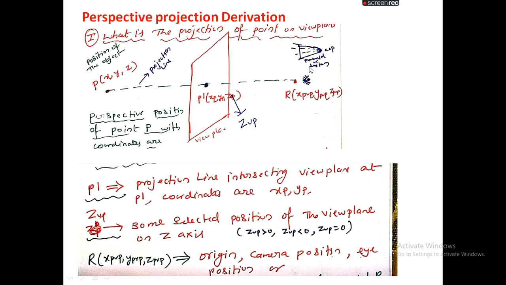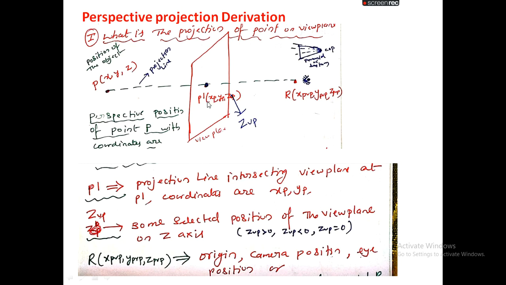Whenever this projection line intersects the projection plane, we will get P dash. Now our aim is to determine this P dash.